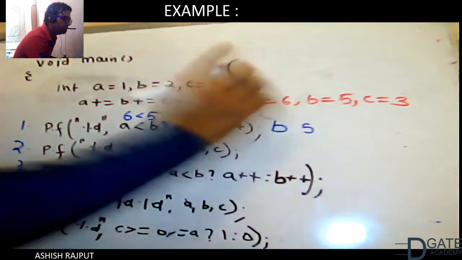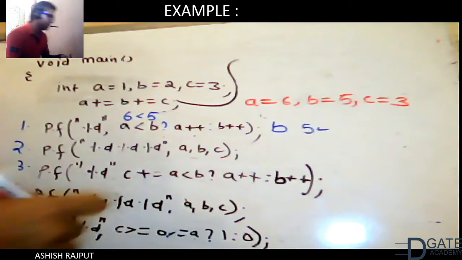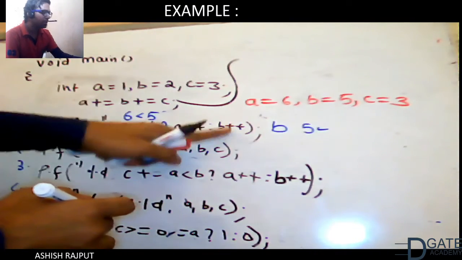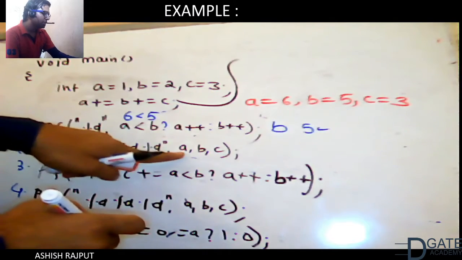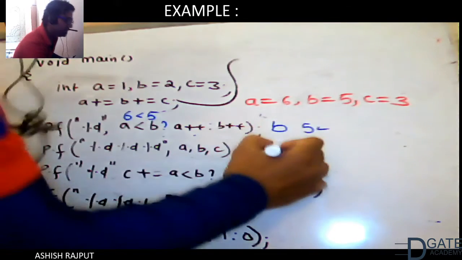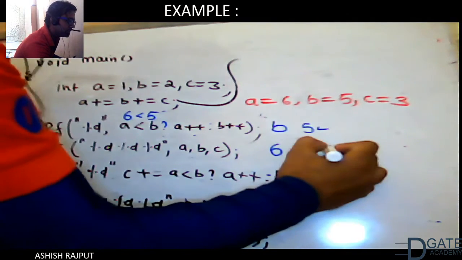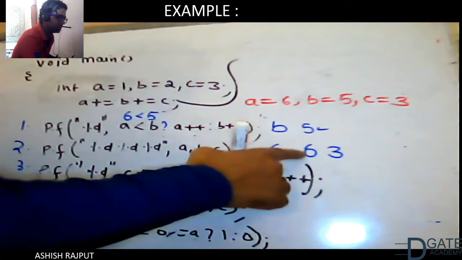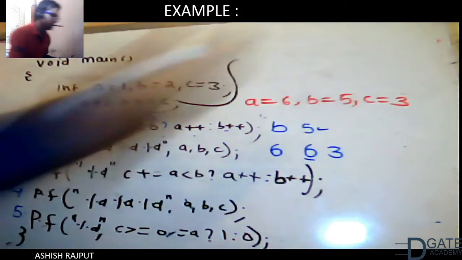What is b? b is equal to 5. So 5 will be printed. And in the next statement b will be incremented. So what is the value of a, b, c? a will be 6 and b is 6 and c is 3, because this is the post increment. That's why 5 to 6.